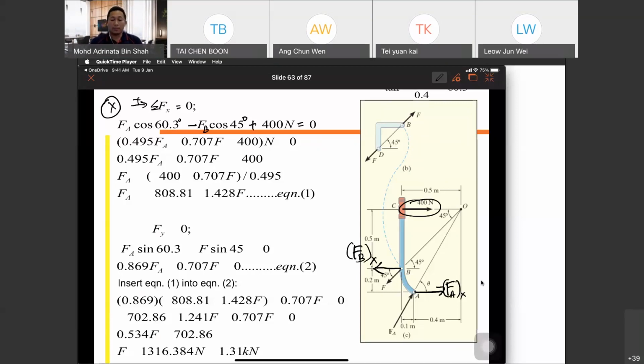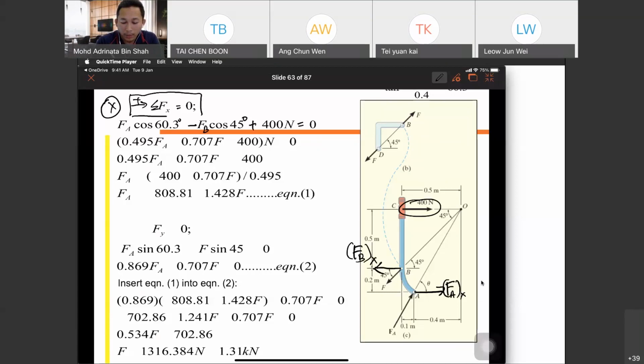You need to know how to write this kind of problem. The first one, you need to write this.